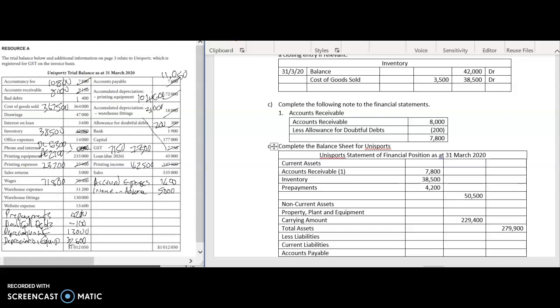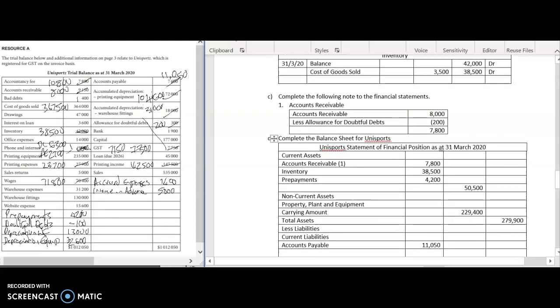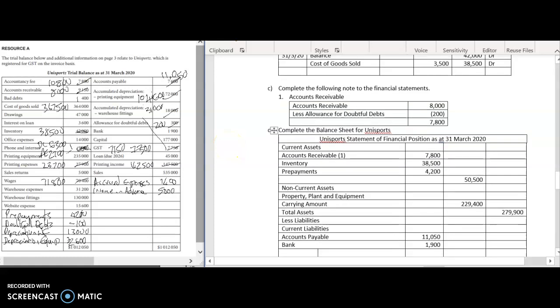And because there's only one item in there, it goes in the first column. So we've done this one. Reading down, we've got our next one, bank. GST.